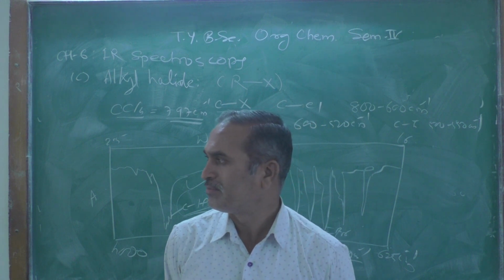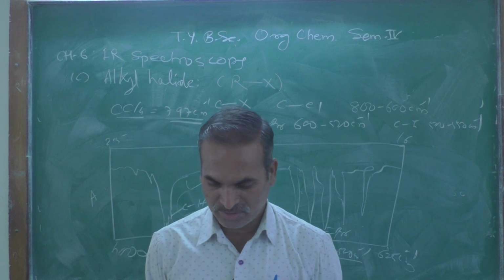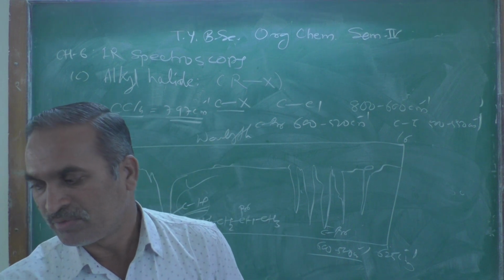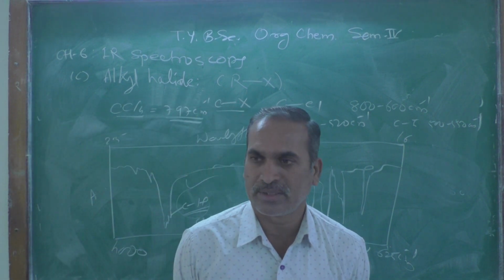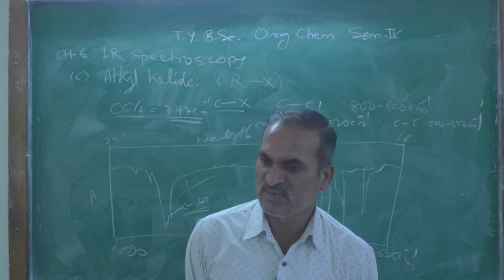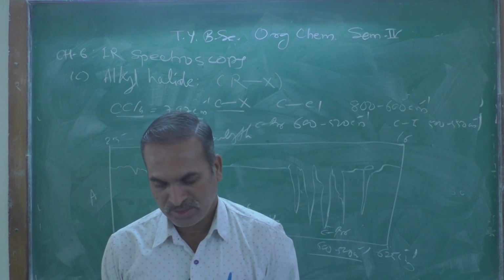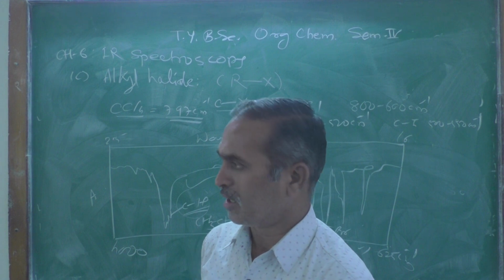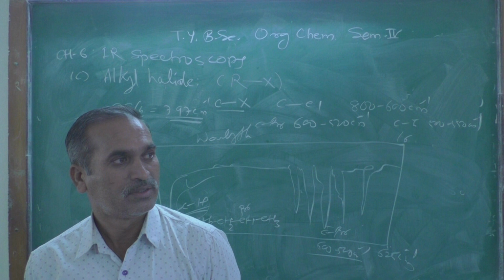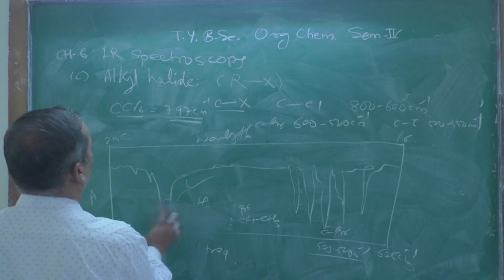It provides a wealth of information about structures, and as we know, if you know the structure, we are able to predict the physical as well as chemical properties of that particular organic compound. That's why we are studying this.